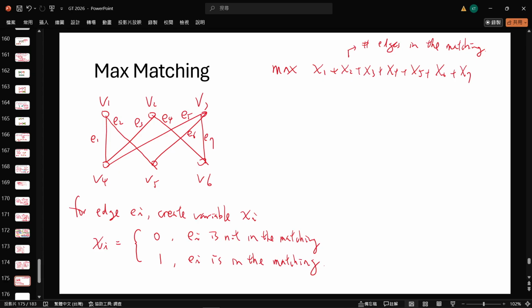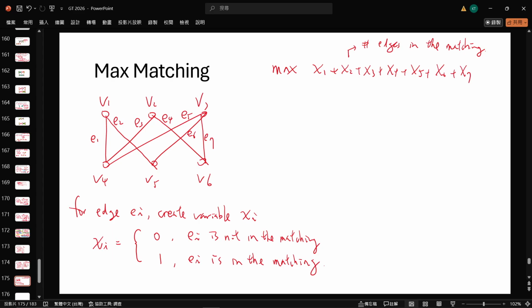So how to use an inequality to model this constraint? I think we can create a constraint for every vertex. For example, for V1, the edges touching V1 are E1 and E2.